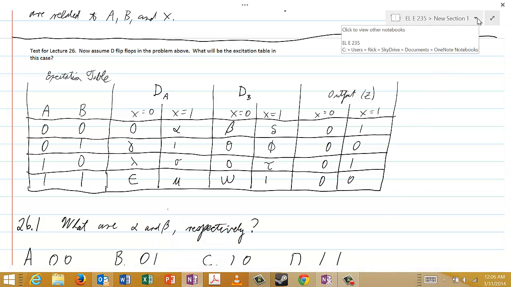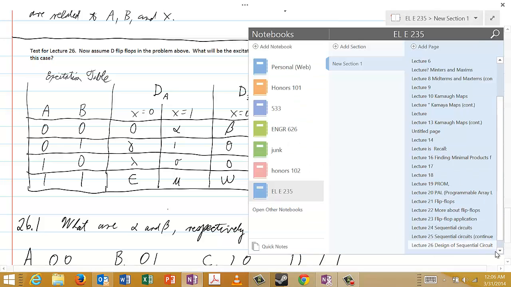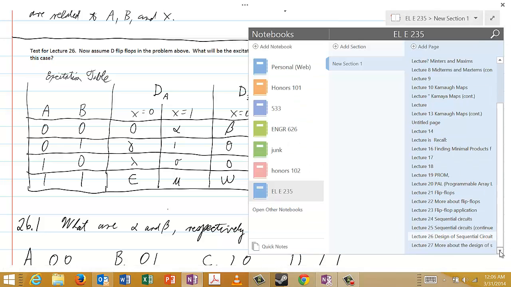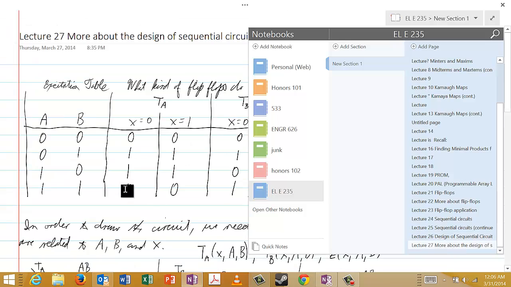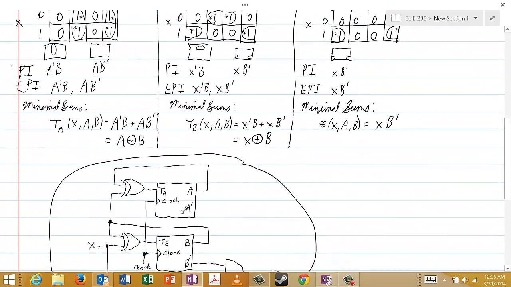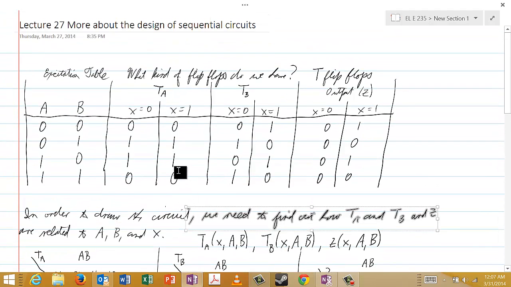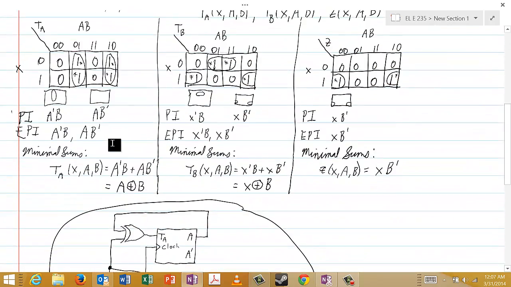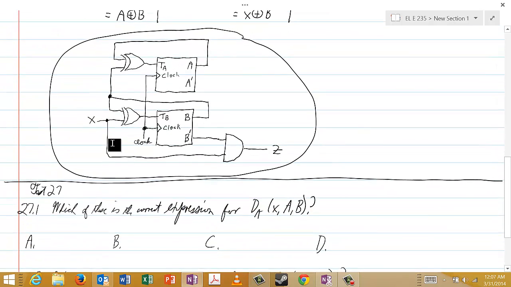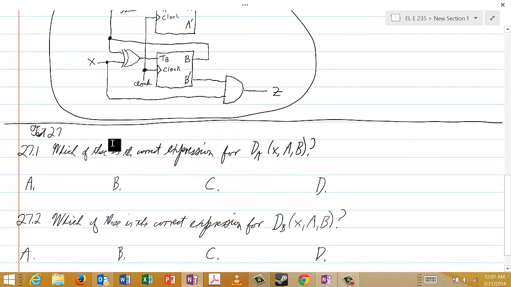we come over to lecture 27, and what you're supposed to do is just as we did here in lecture 27, where we found TA and TB as functions of x, a, and b. Now you're supposed to go back to the table that you derived for lecture 26, where you were using D flip-flops and you derived all the values for DA and DB.